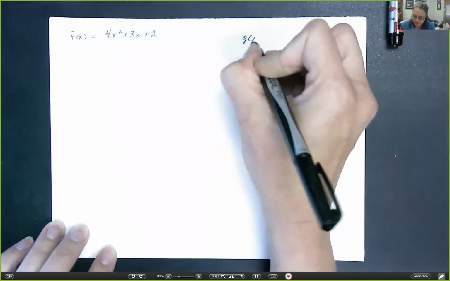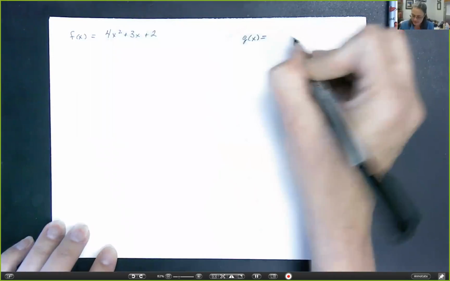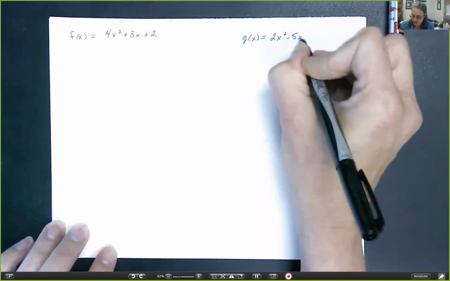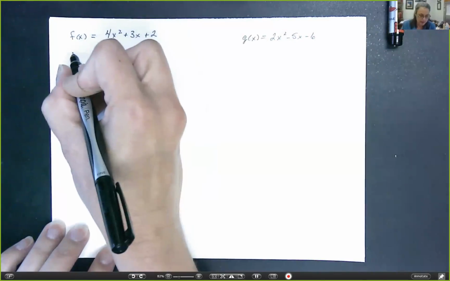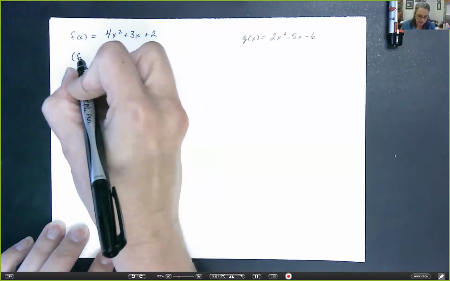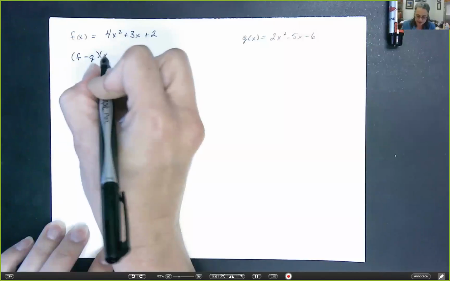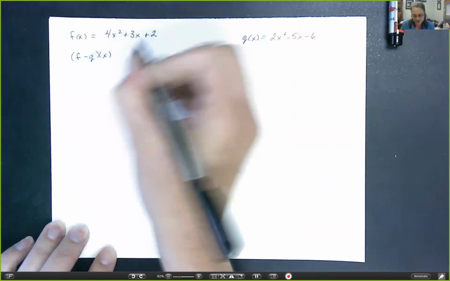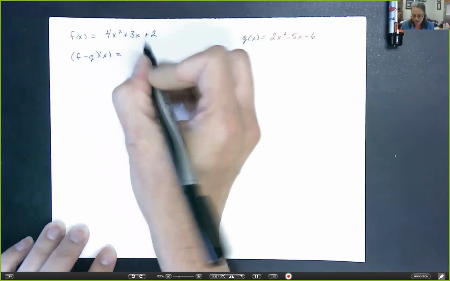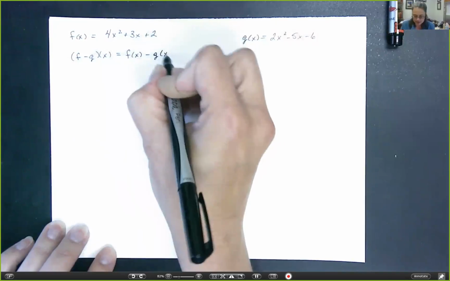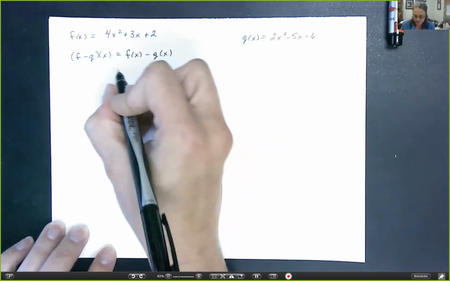We're going to let g of x be defined as 2x squared minus 5x minus 6. f minus g of x. It's really subtraction and addition are kind of the same thing. This is f of x minus g of x.